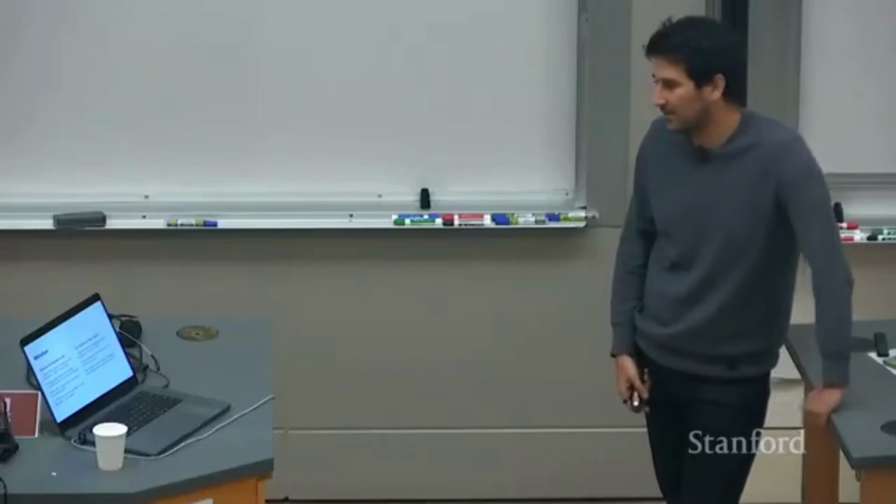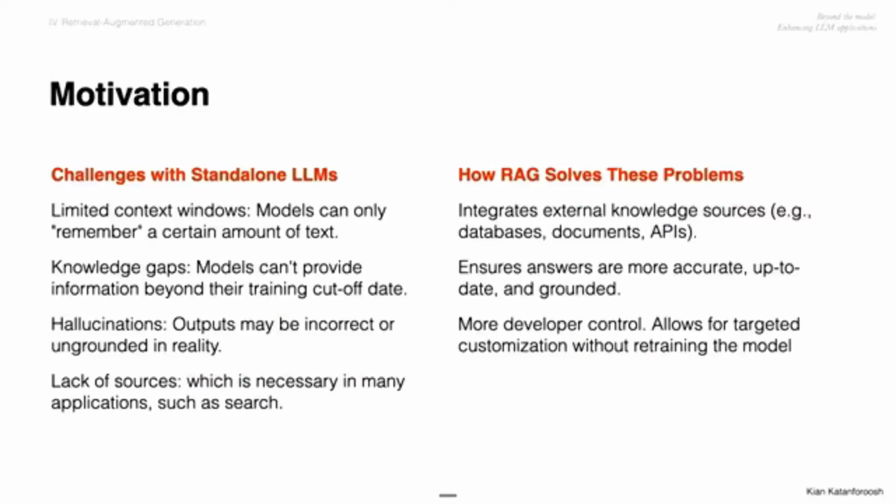So how do we solve that? With a RAG. RAG integrates with external knowledge sources: databases, documents, APIs. It ensures that answers are more accurate, up-to-date, and grounded because you can actually update your documents. Your drive is always up-to-date. I mean, ideally, you're always pushing new documents to it.